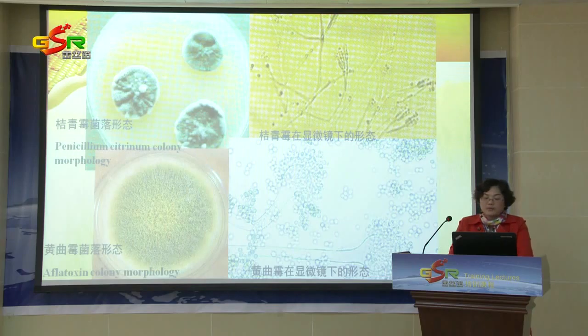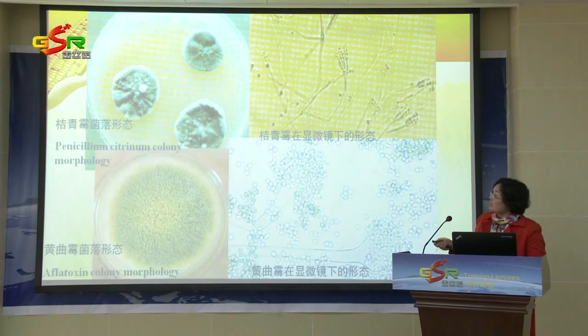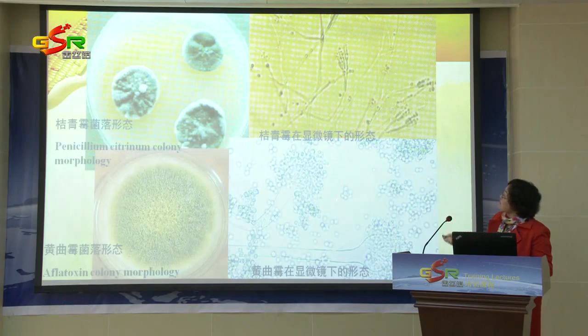There are many differences you can see. The first one is the Penicillium colony morphology, and another is the Aspergillus colony morphology. We can see the difference in morphology under the microscope.